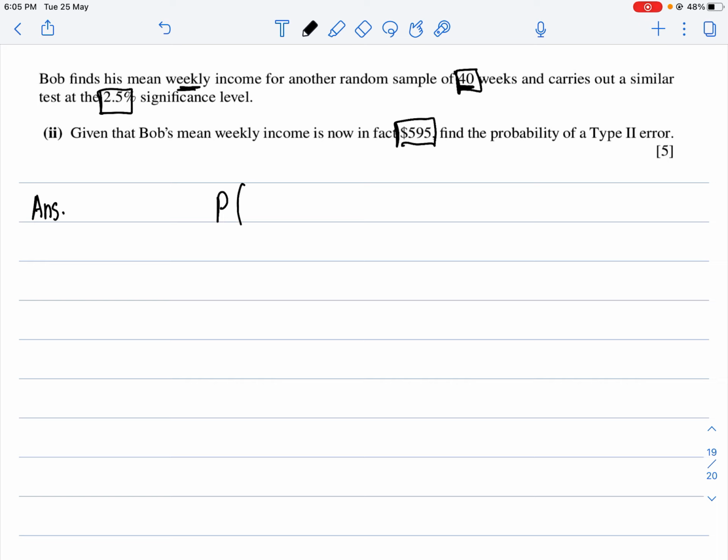The probability of a type 2 error basically means you accept your null hypothesis, but your null hypothesis is false. So you need to know the probability of acceptance, but for that, you need to know the value of rejection.